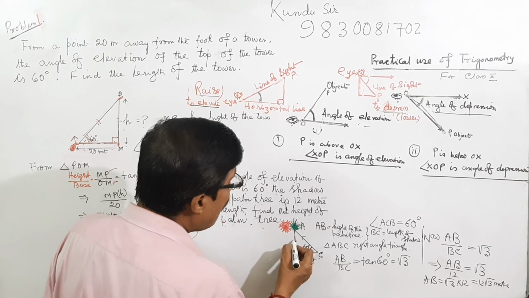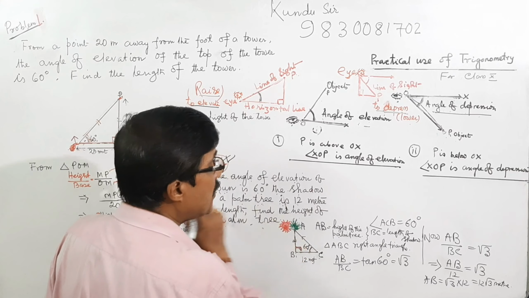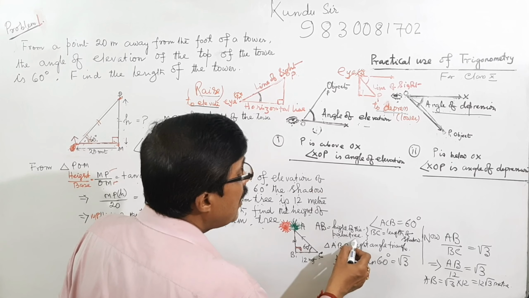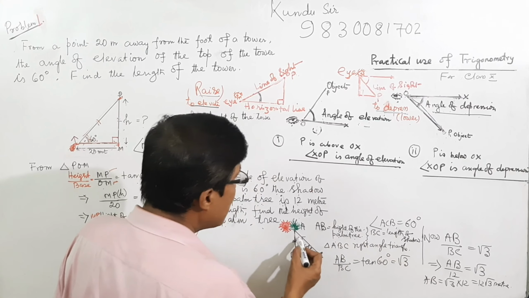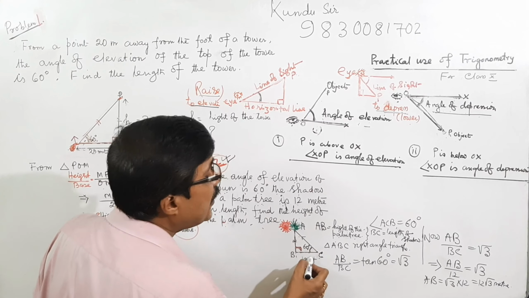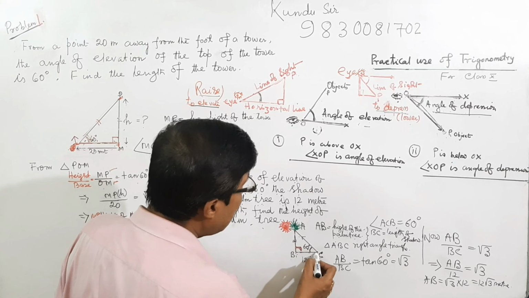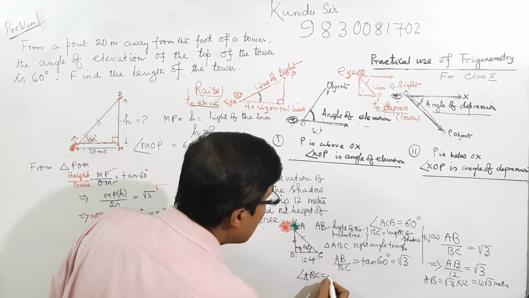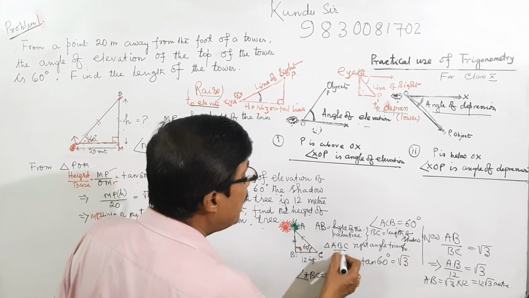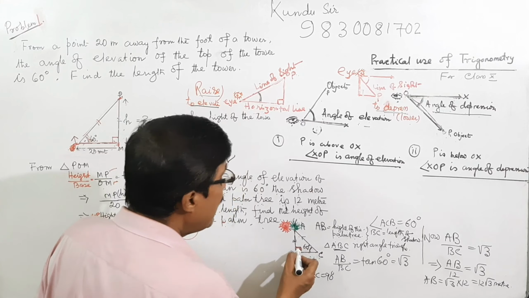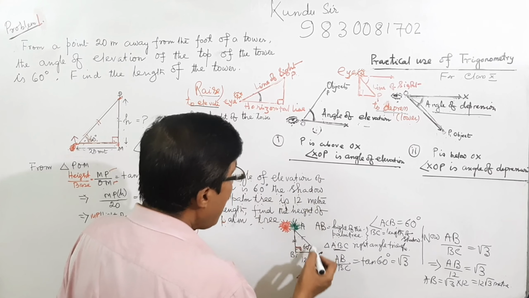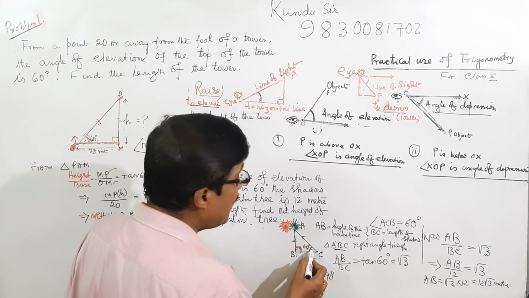AB is the height of the tree. Angle ACB is 60 degree, and angle ABC is a right angle, obviously 90 degree, in triangle ABC.